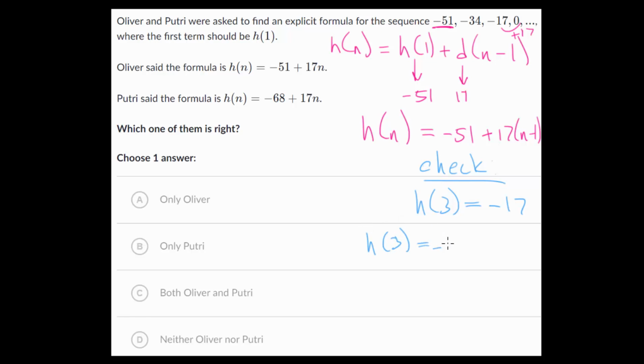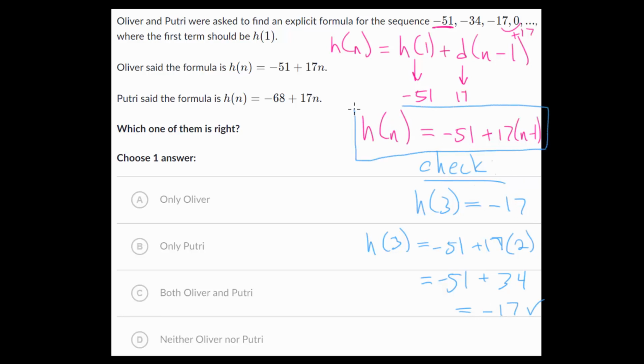So h of 3 is minus 51 plus 17 multiplied by n minus 1, or 3 minus 1, which is 2. So we get minus 51, 17 times 2 is 34. And when you add these together, you do get minus 17, which is what we expected. So that just means we can feel confident that the formula we generated is in fact correct.